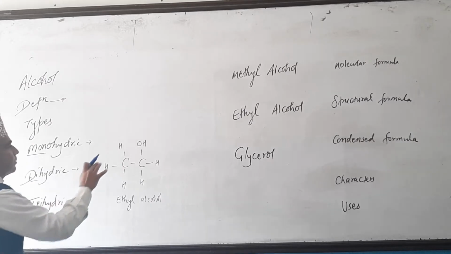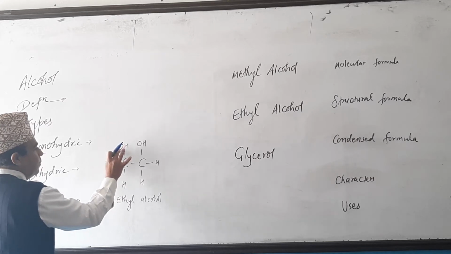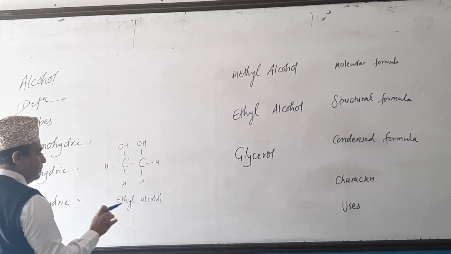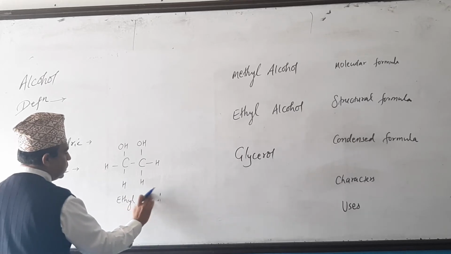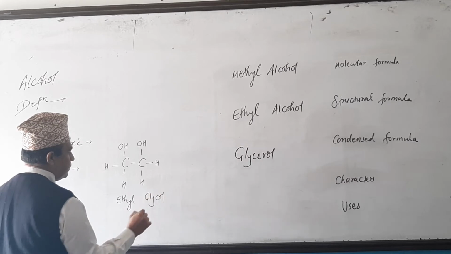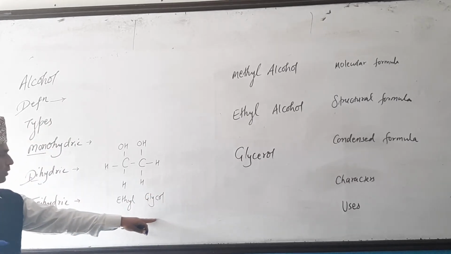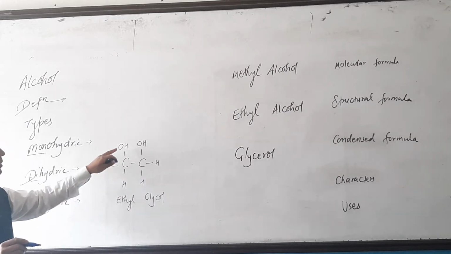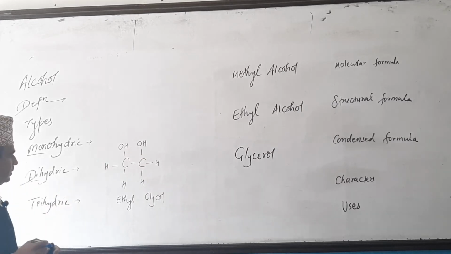Dihydric alcohol means there must be the presence of 2 OH groups, 1 OH, 2 OH. Then it is not ethyl alcohol, it is called ethyl glycol. An example of dihydric alcohol is ethyl glycol. Why ethyl glycol? Because it contains 2 OH groups, OH and OH.